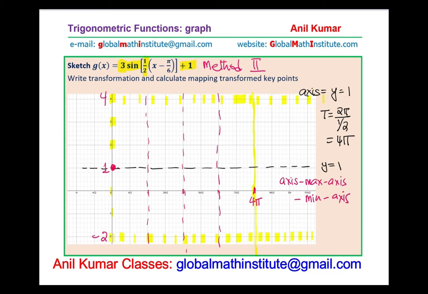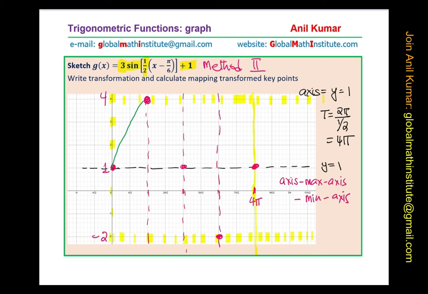So axis and next point maximum, that was a mark point, right? And then back to the axis and then to the minimum, makes sense. And then back to the axis. Does that make sense to you? So we basically got this particular graph. Let me join it with green color, right?